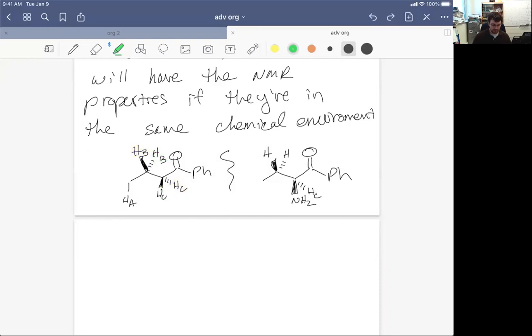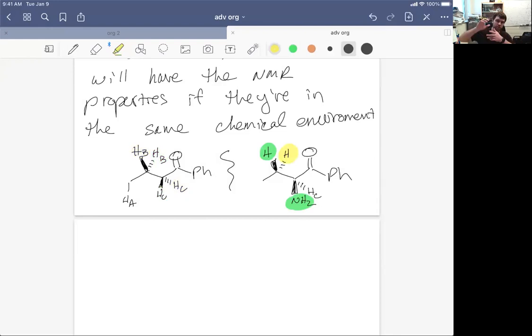Okay, so what happens when we have a stereocenter is now we say, ooh, now it's complicated. Even though we're not part of the ring, even though the CH2 should be the same, this green CH2 is closer to the NH2 than the yellow H is.